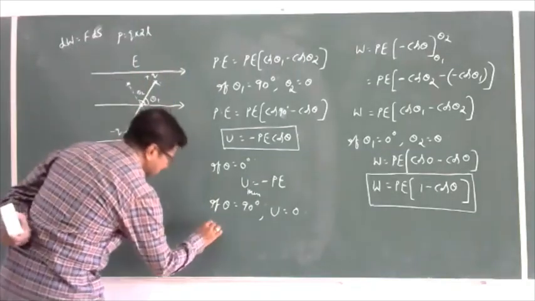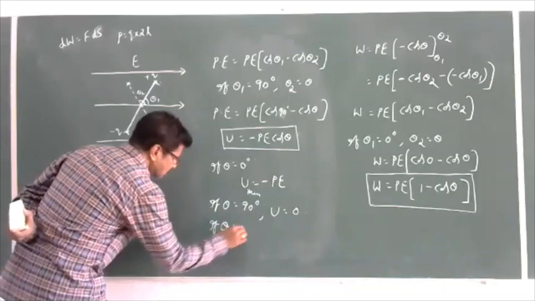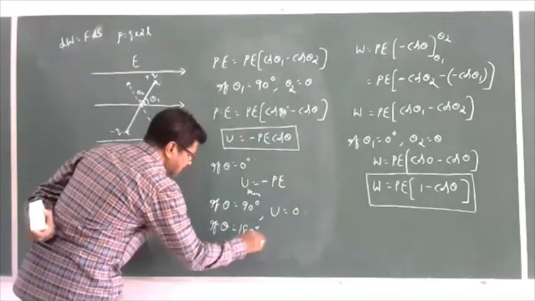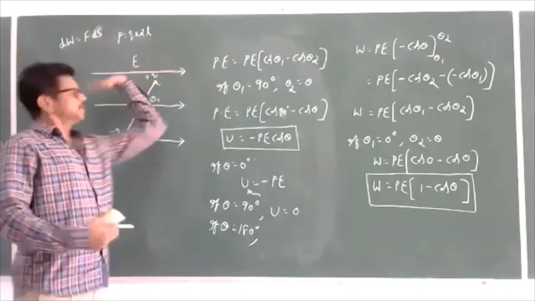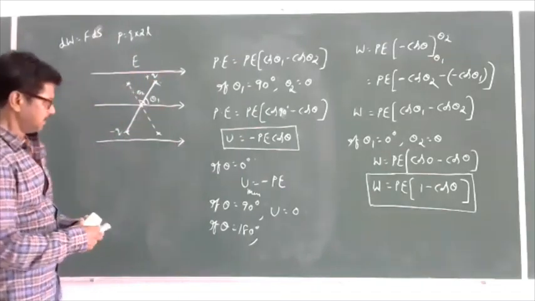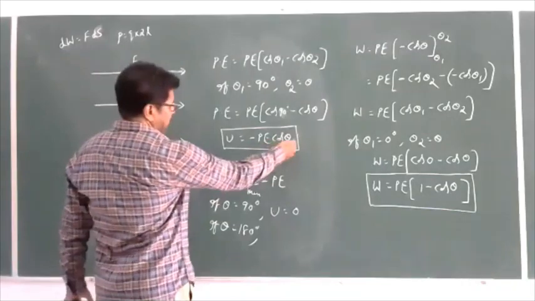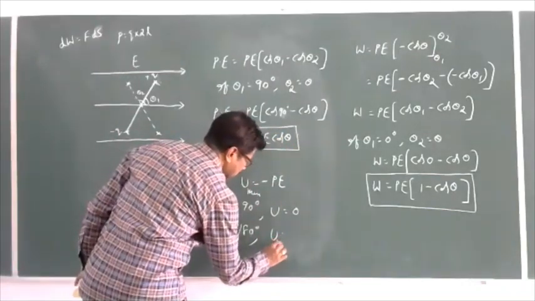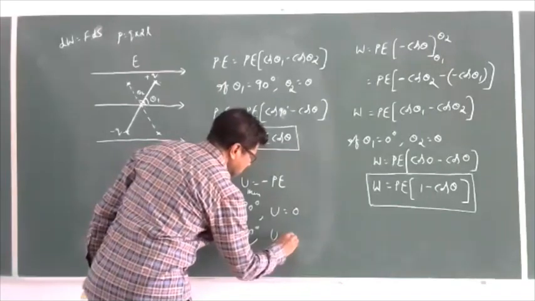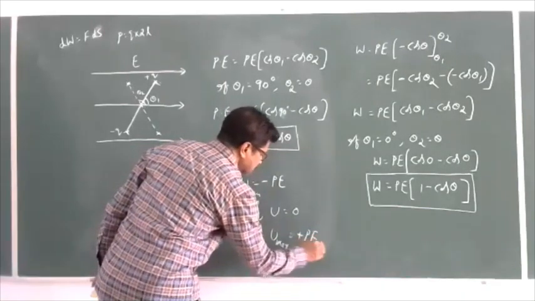If theta is equal to 180 degrees, then cos 180 is equal to minus 1. So the potential energy is maximum, which is equal to plus PE.